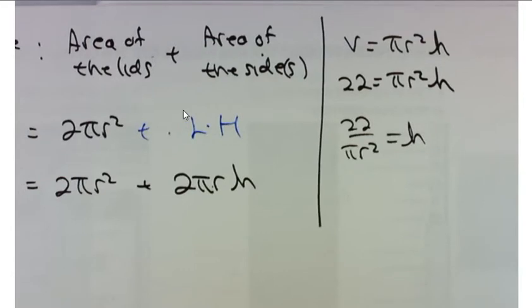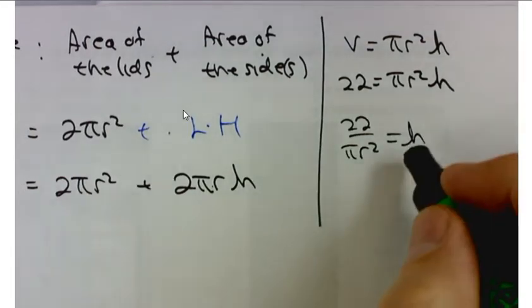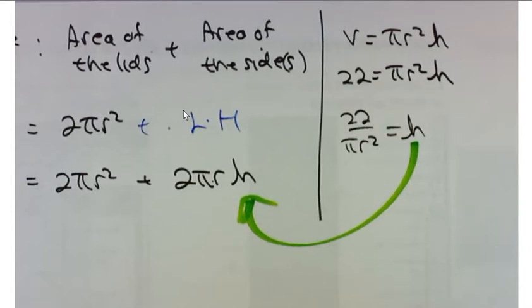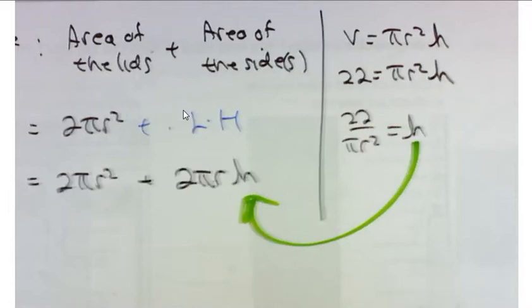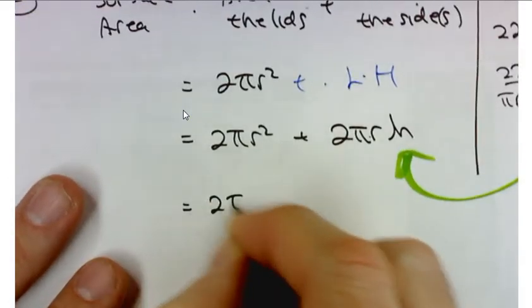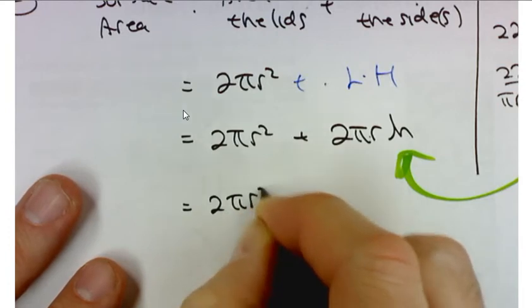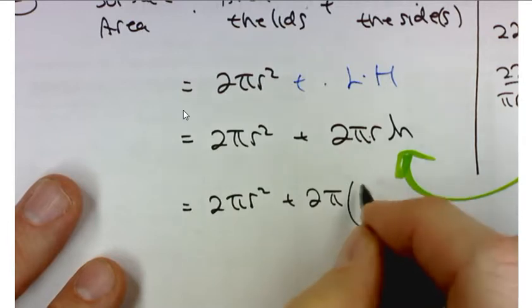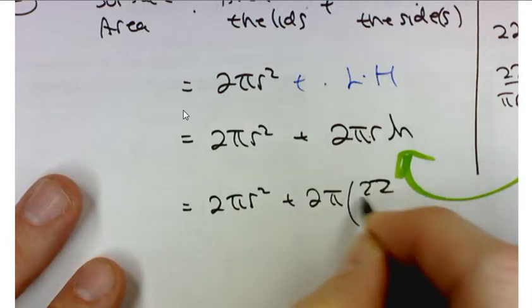So let's put that into our formula right here. Let's see if we can simplify things a little bit. If I put that in here, I get 2 pi r squared plus 2 pi times 22 over pi r squared.